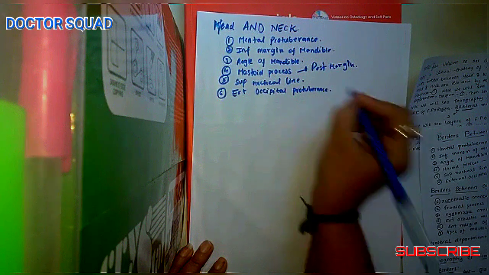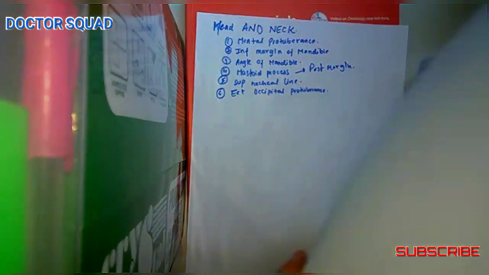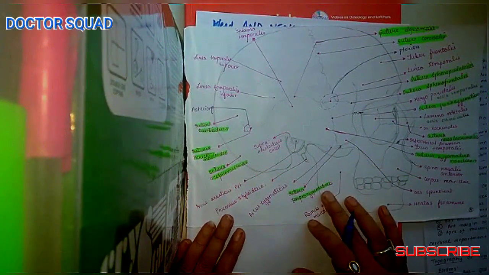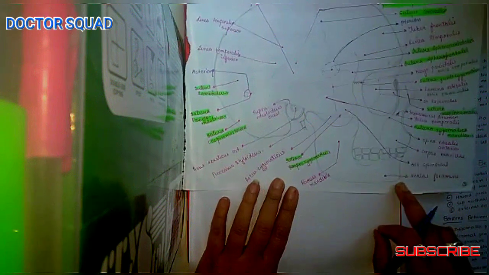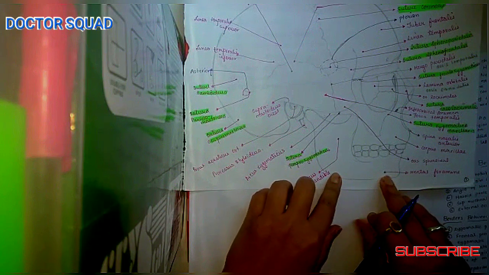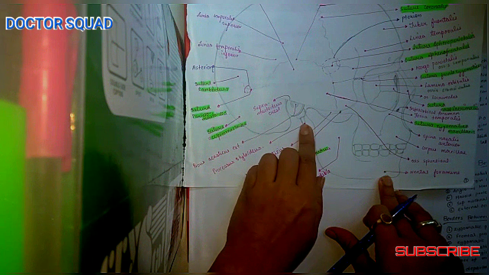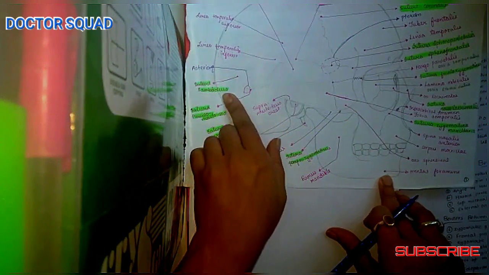Okay, so let's see the diagram. Here we have a diagram of the skull. In this you can see the mental protuberance, the inferior margin of the mandible, the mastoid process, superior nuchal line, and the external occipital protuberance.